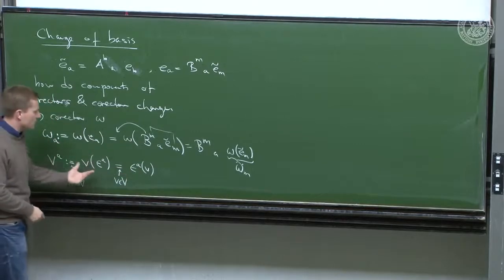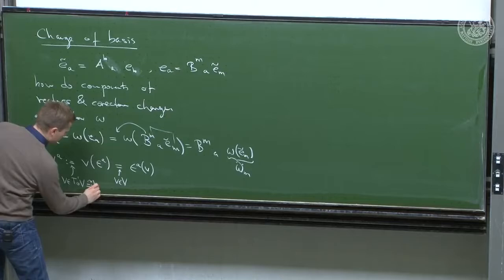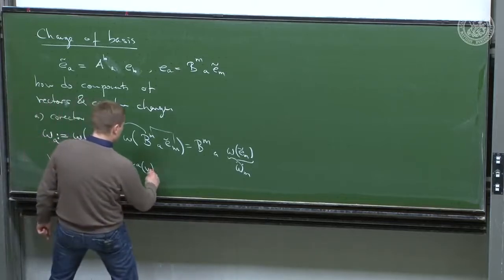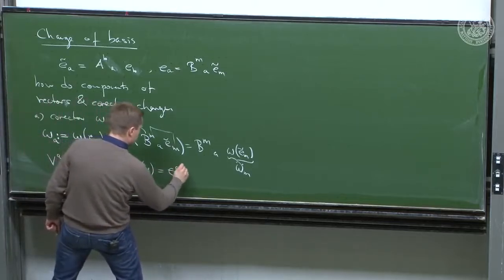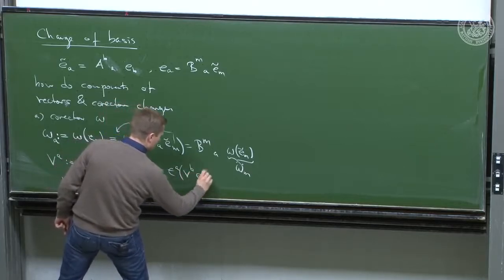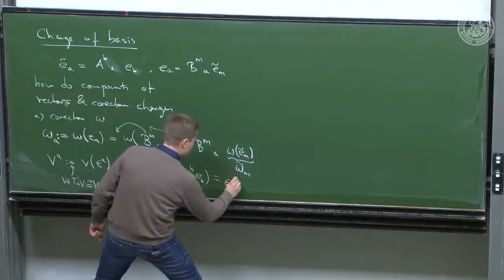So this is the duality I showed before, because this is vector space isomorphic to V. Now you can expand the V as V^B E_B in this basis, but then you can represent the spaces differently.